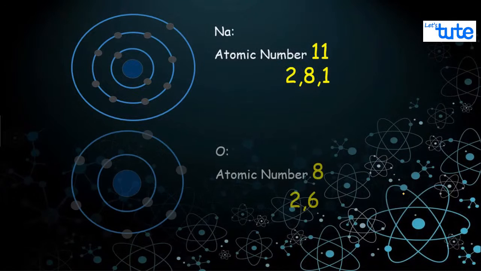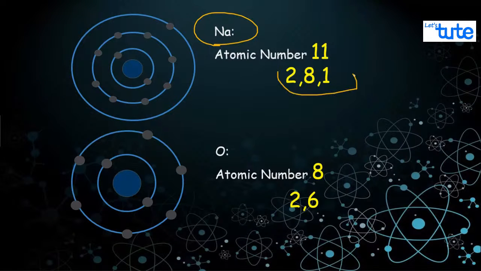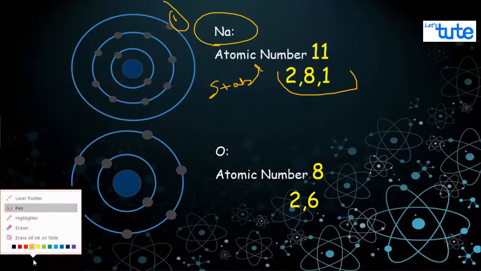Let's try to understand what is valency. In the first example, you can see it's about sodium. It has this electronic configuration, but in the outermost orbit it has one electron. The ultimate motto of the electrons of atoms is to become stable.